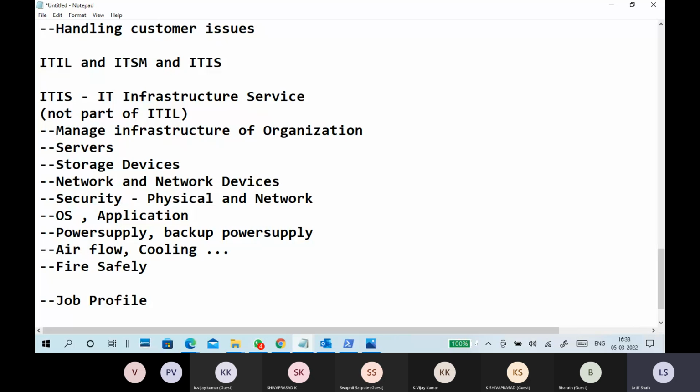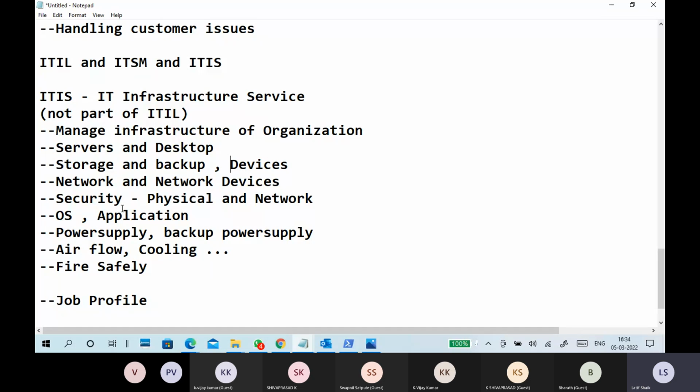Okay, so moreover, it's a job profile. In the job profile, managing infrastructure of the organization, servers management, desktop management, storage device management, backup management, and their devices, network, IP addresses, LAN WAN management, their devices, cables, everything.